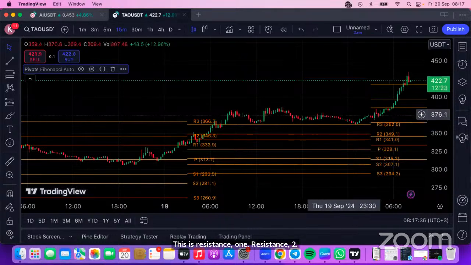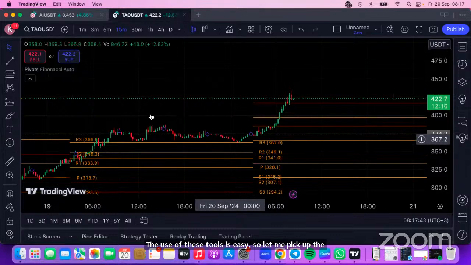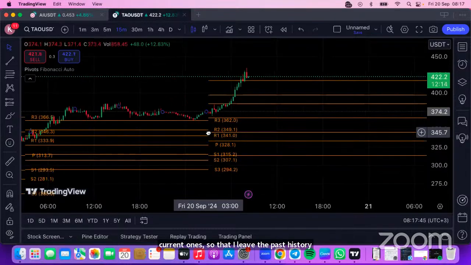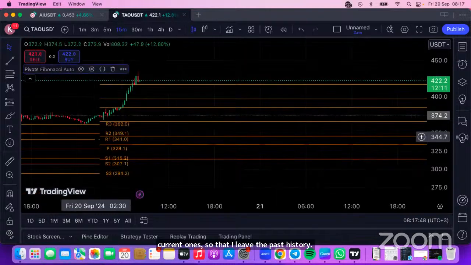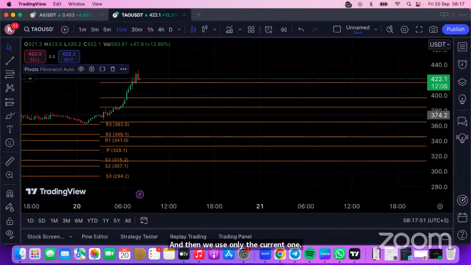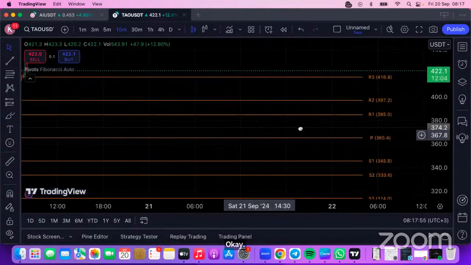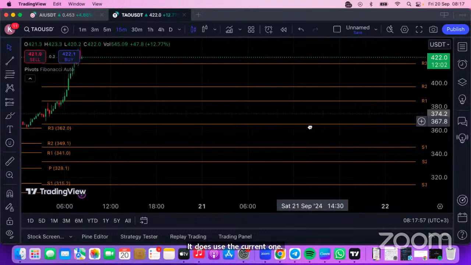Now the formula is simple. The use of these tools is easy. So let me pick up the current ones so that I leave the past history, and then we use only the current one. Okay? Let us use the current one. The labels are this side.